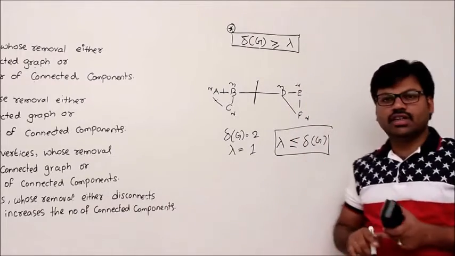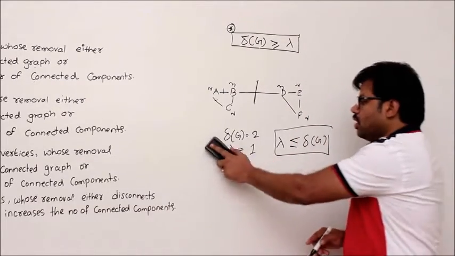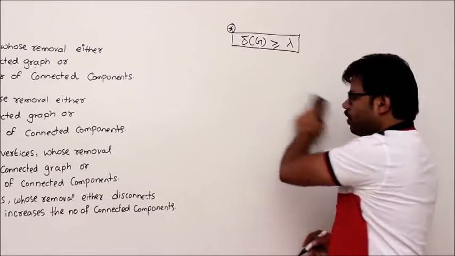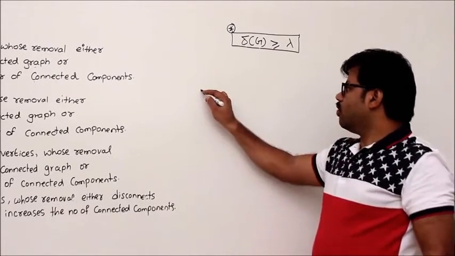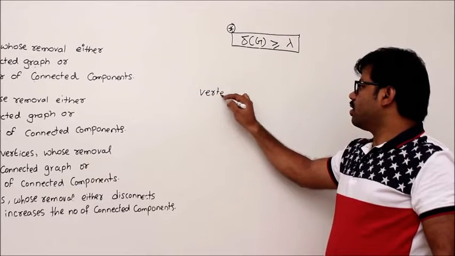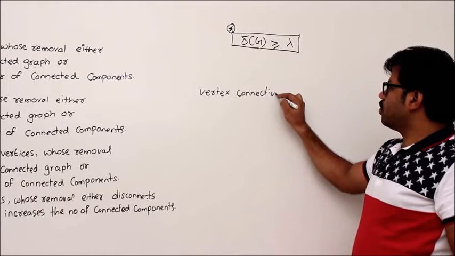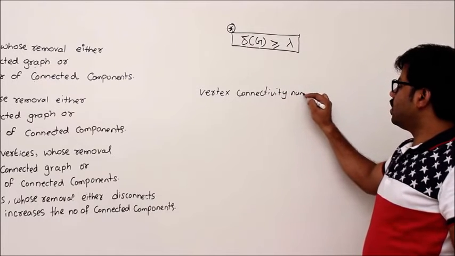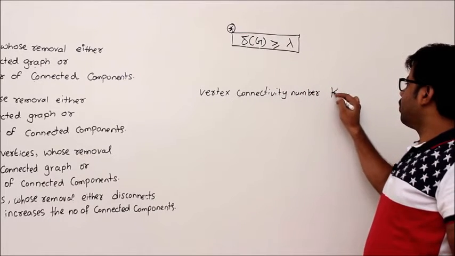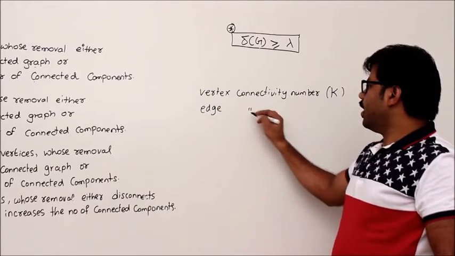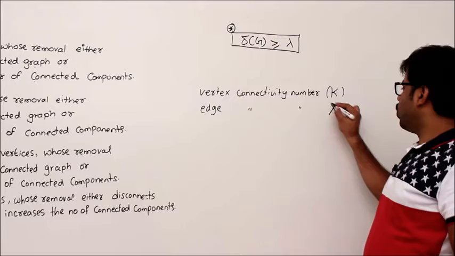Understand my point? Okay. Now let's see two more concepts in this cut vertex concept. The first is the vertex connectivity number, usually denoted by K. The second is the edge connectivity number, usually denoted by lambda.